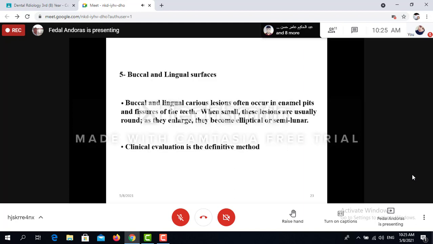When you get the radiograph, these will be overlapped on the pulp chamber, so you will miss these by radiograph. So the better diagnosis for buccal and lingual surfaces is clinical evaluation. You can see it directly by eye.